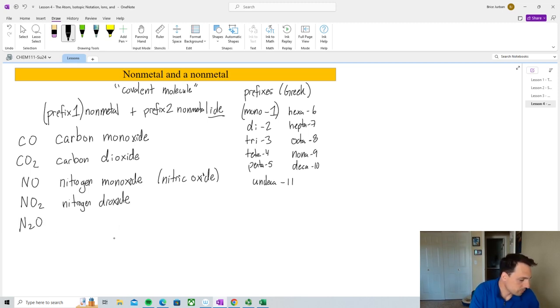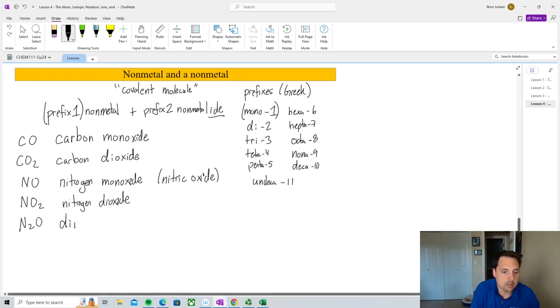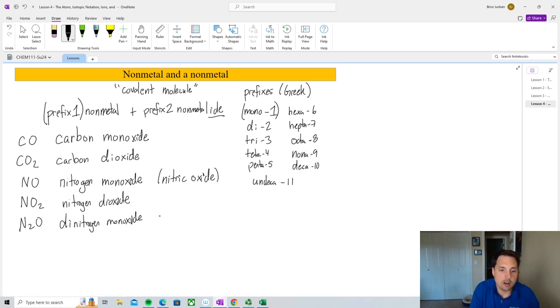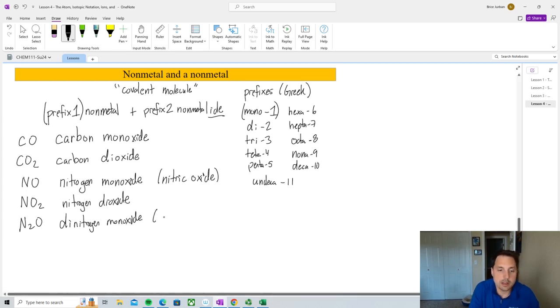N2O is another one. So here, this one is dinitrogen monoxide. But this one has a common name, and it's typically called nitrous oxide. Okay.